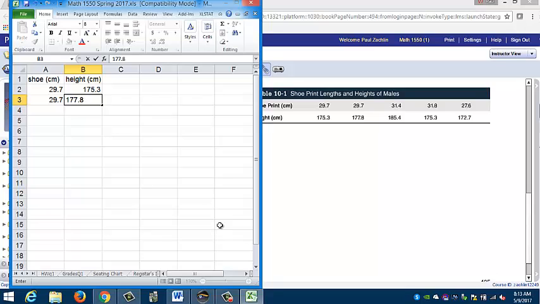So that's a little bit taller. And then we have someone with a larger shoe, 31.4 centimeters, and the height is 185.4. And then we have 31.8 centimeters, 175.3.